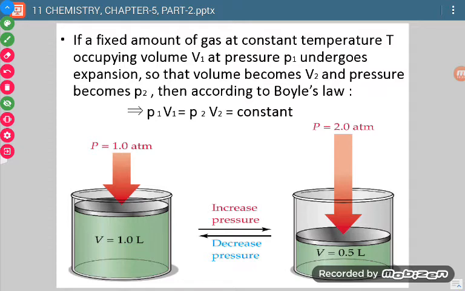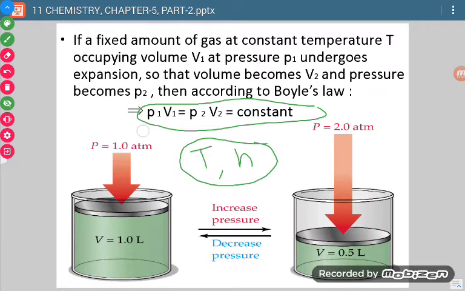For mathematical purposes, for numericals, we will be using the equation P1 V1 is equal to P2 V2. What does it mean? Since we know that if temperature and amount of substance are constant, then the product of pressure and volume is constant, 1 stands for initial conditions and 2 stands for final conditions.